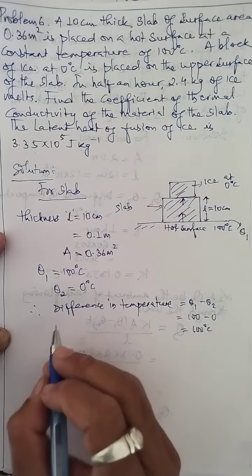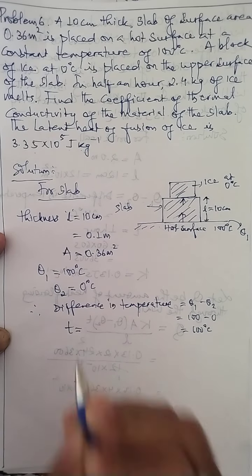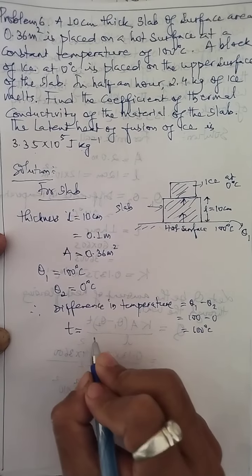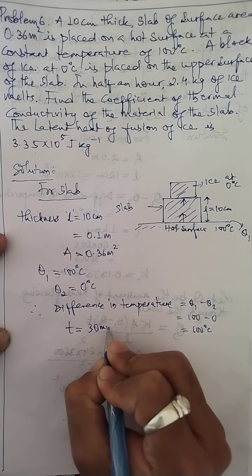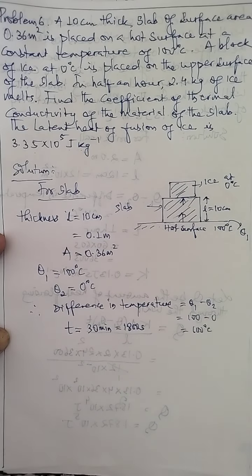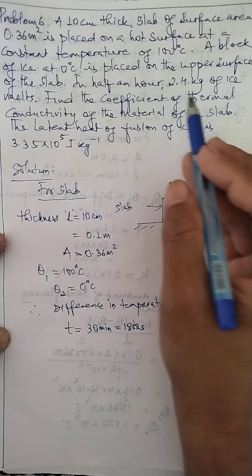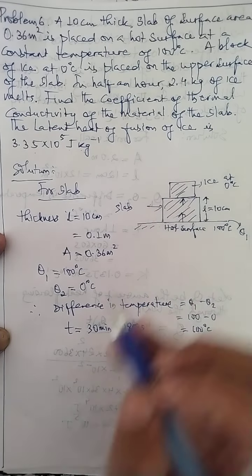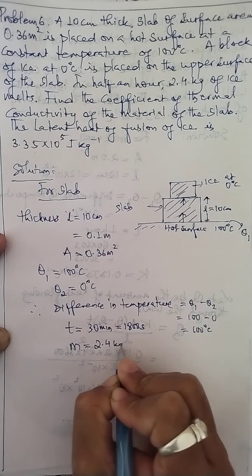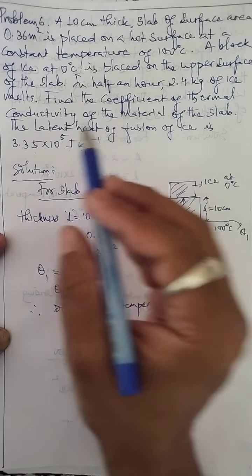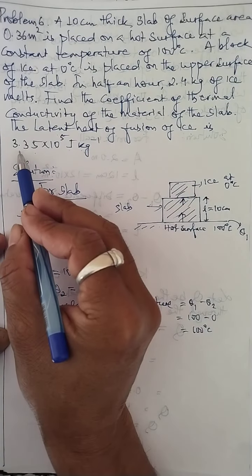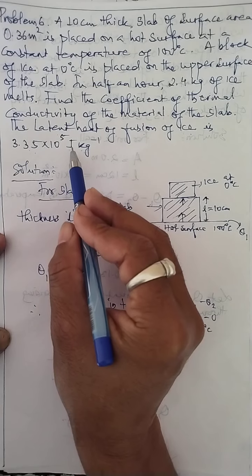Now the time t is half an hour, which is 30 minutes, or 1800 seconds. In this time, 2.4 kg of ice melts, so the mass of the block of ice is 2.4 kg. The latent heat of fusion of ice is 3.35 into 10 power 5 joule per kg.